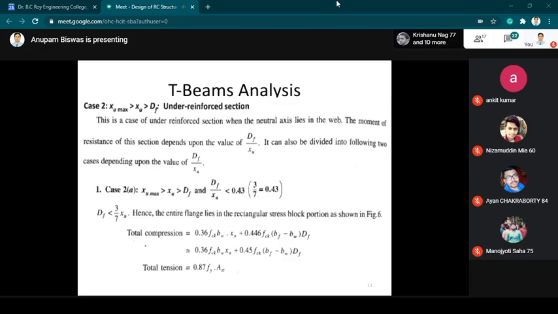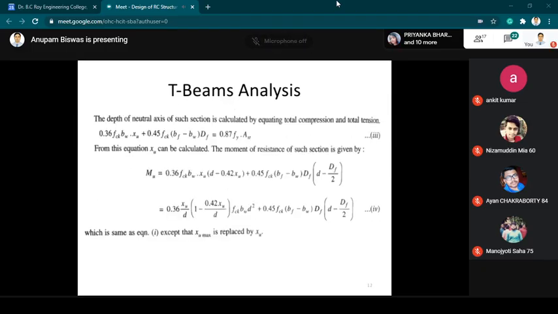To get the value of neutral axis, we just equate the total compression with total tension. From equating both equations, we get the value of Xu and the value of Mu.